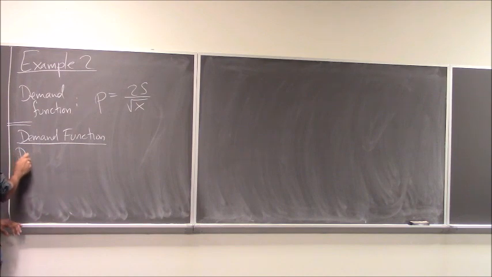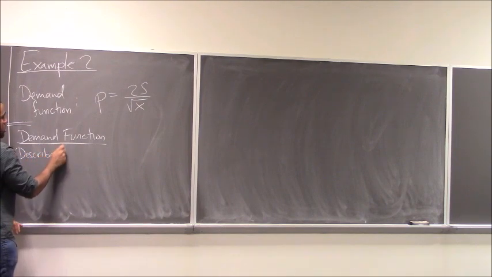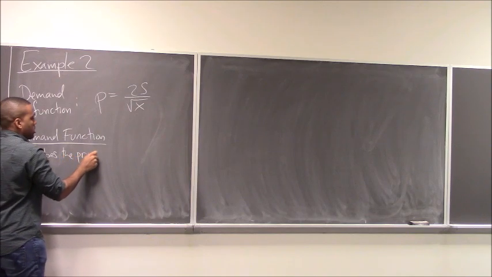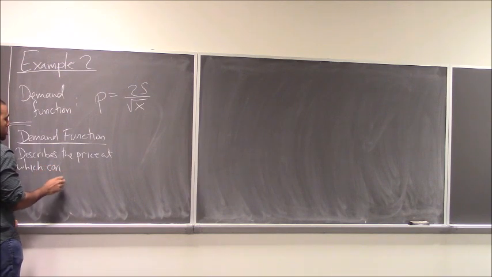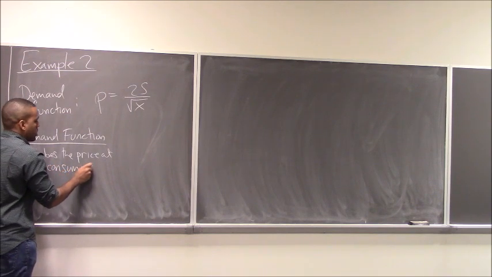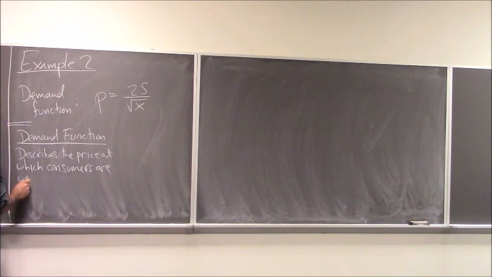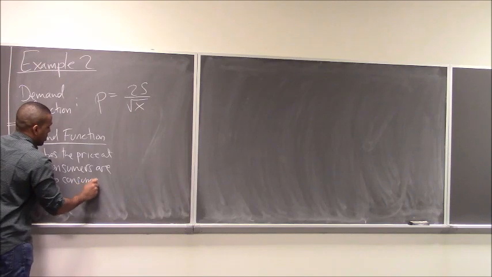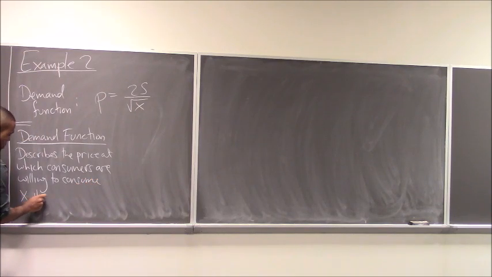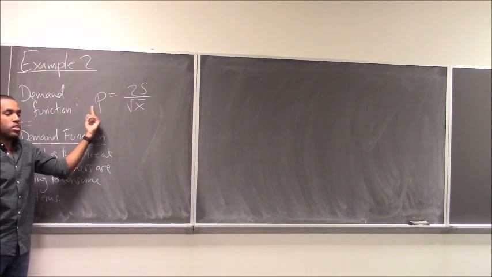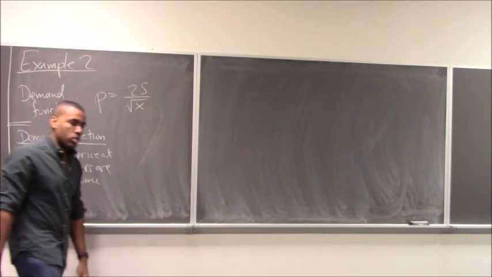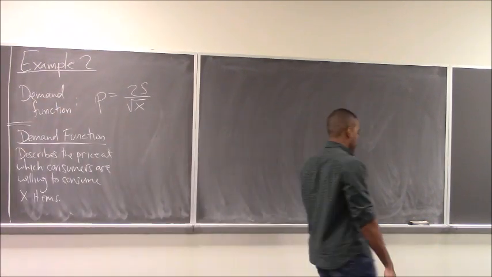So a demand function describes the price at which consumers are willing to consume X items. In other words, this is telling you if you want to sell X items, this formula gives you the price that you should sell them at because consumers will consume X items at that price.